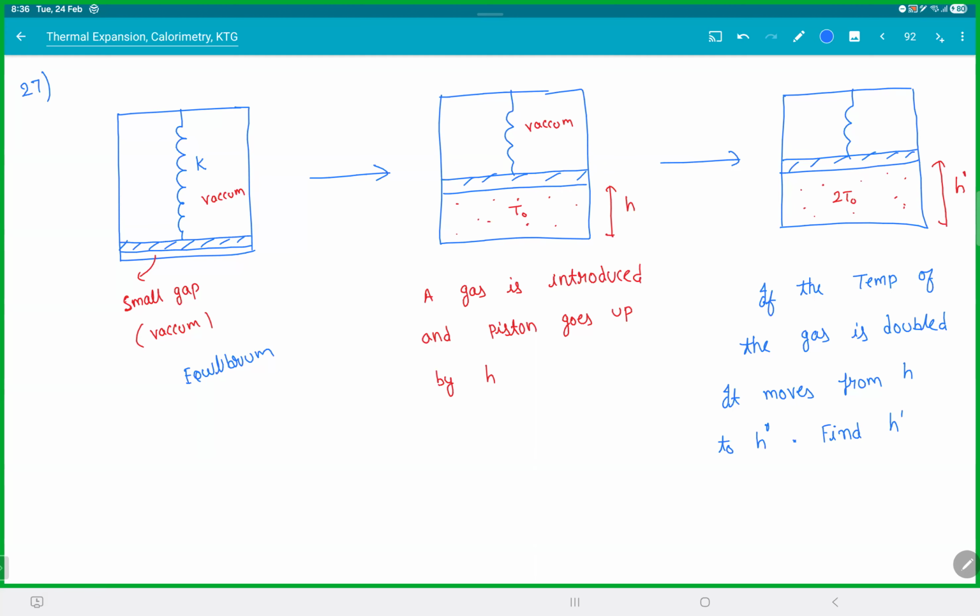So when nothing is given, generally it is better you assume the piston has some mass. And generally, if they don't give you anything, it really won't matter also. But anyways, now when you introduce some gas into that gap, the piston moved up by height h. Now, if you double the temperature of the gas without changing the number of moles, the height becomes h dash. Find h dash.